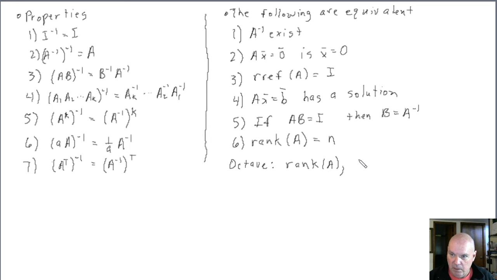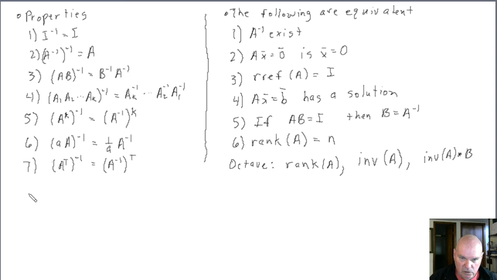And then probably more importantly for this section, we can compute the inverse of a matrix using the notation inverse of A. So the product of A inverse B, you could write as inverse A times B in Octave or MATLAB. Okay.